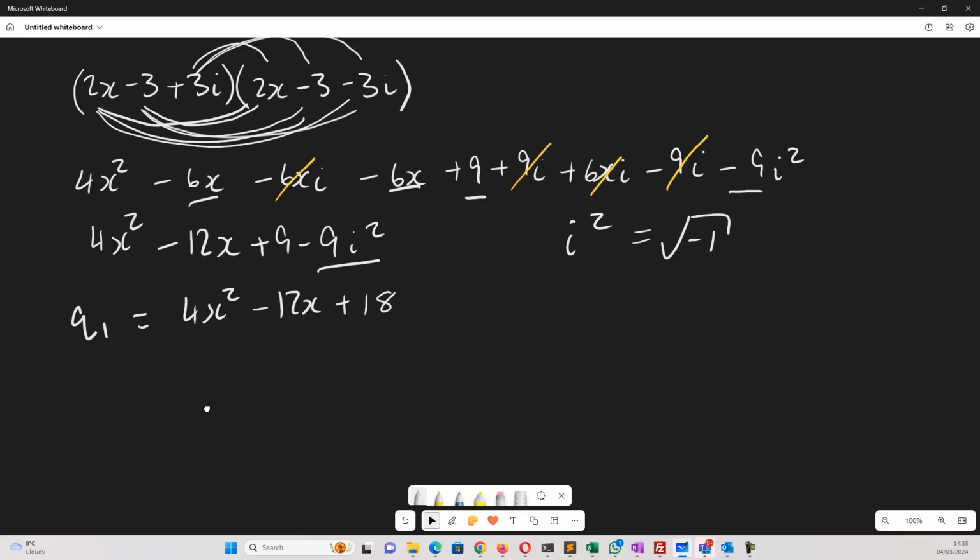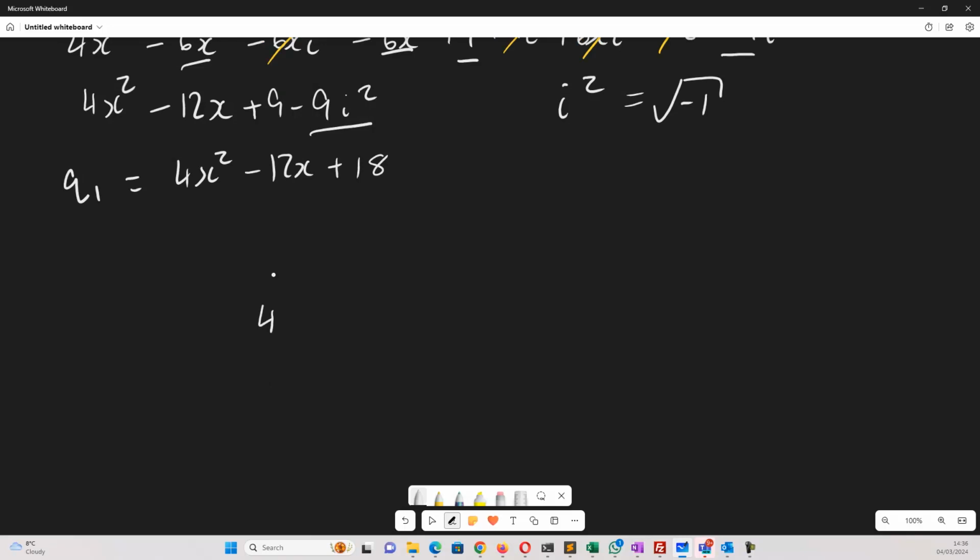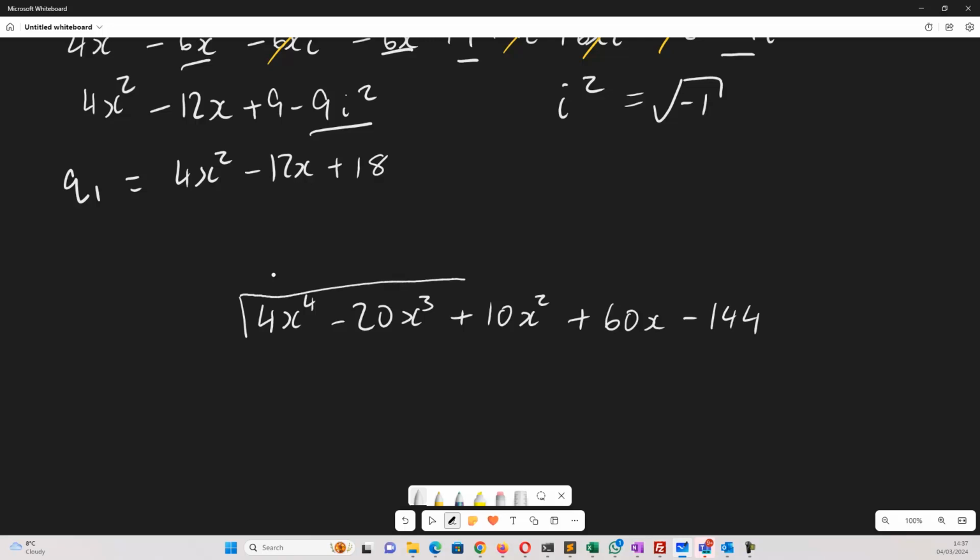Now, the next thing we're going to do is divide the quartic by q1. So we've got 4x to the power of 4 minus 20x cubed plus 10x squared plus 60x minus 144. We're going to divide that by 4x squared minus 12x plus 18.